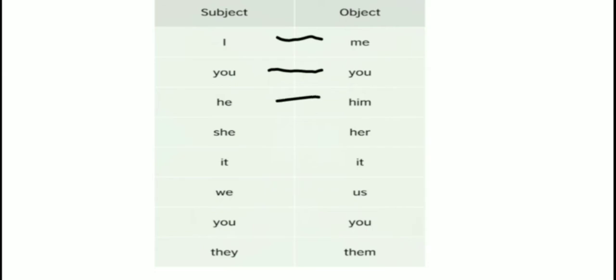She for subject and her for object. It as subject and it also as object. We as subject and us as object. You for subject and also you as object. And finally, they for subject and them for object.